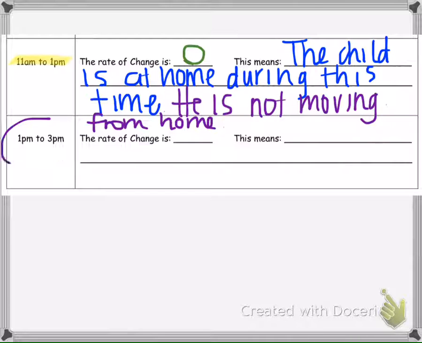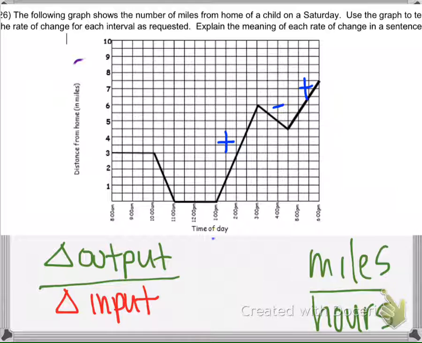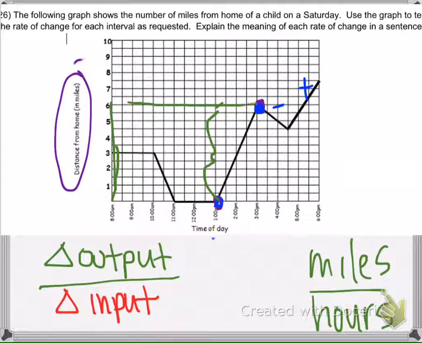Okay, lastly, 1 p.m. to 3 p.m. So from 1 to 3, we're going to find the change in the distance. From here to here, it's positive, so I don't need a negative. All the way up here is a change of 6 miles.